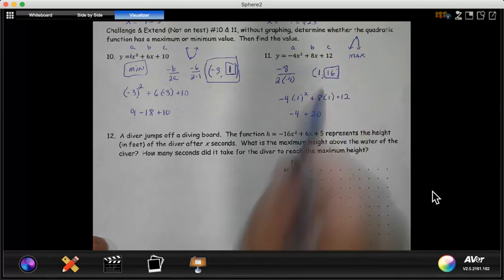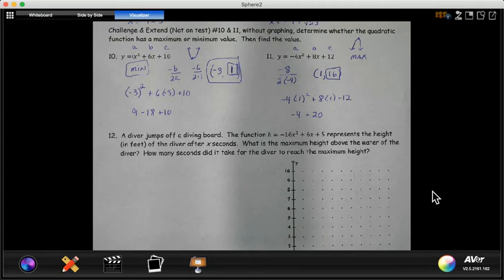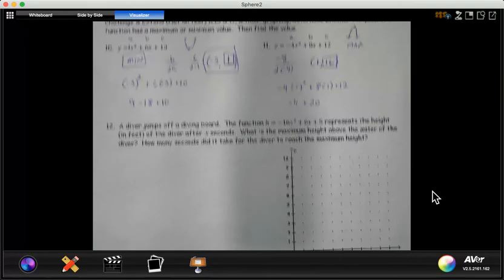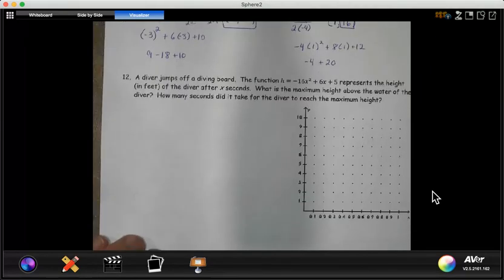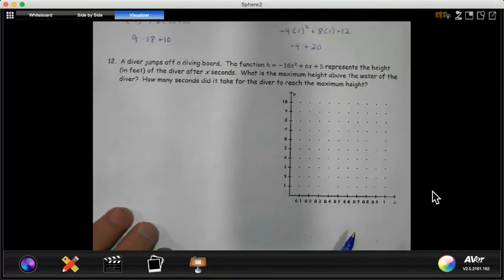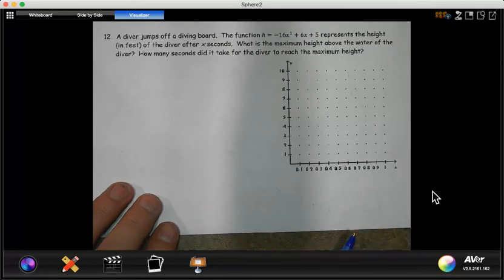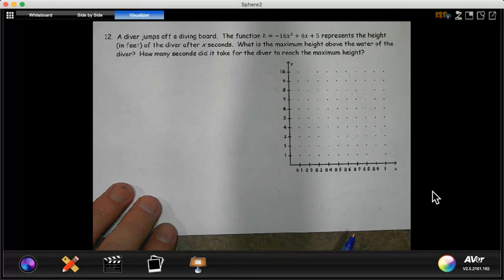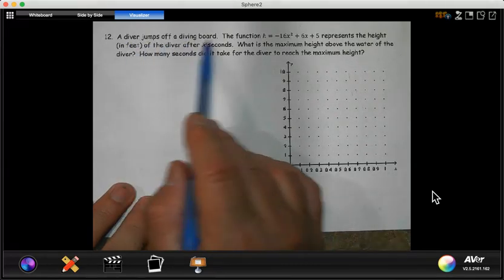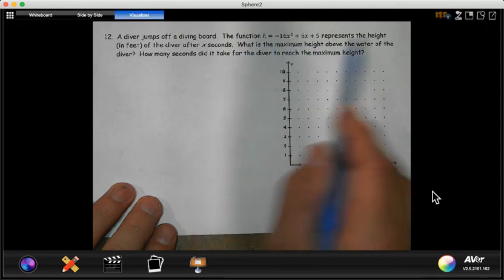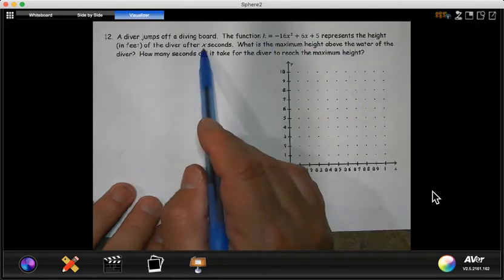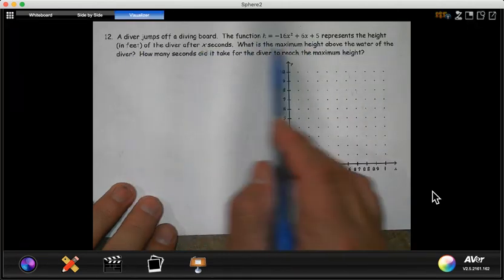We could find that on a calculator by graphing, which we're going to do next, actually. And then number 12, I told you a lot of the story problems we're going to let you use your calculator. So this is a review of graphing 9.2. We're going to solve these problems using our graphing calculator. A diver jumps off a diving board. Here's the function, which represents the height in feet of the diver after x seconds. What is the maximum height of the diver?